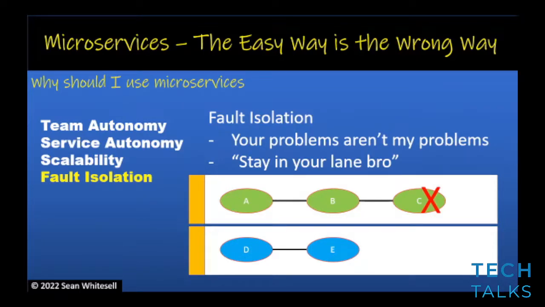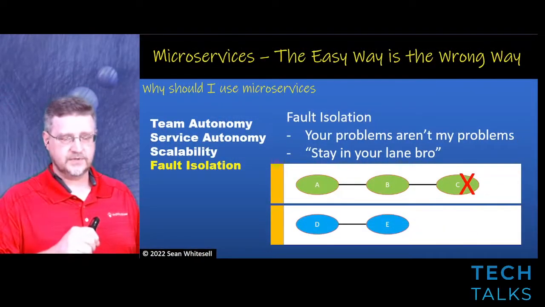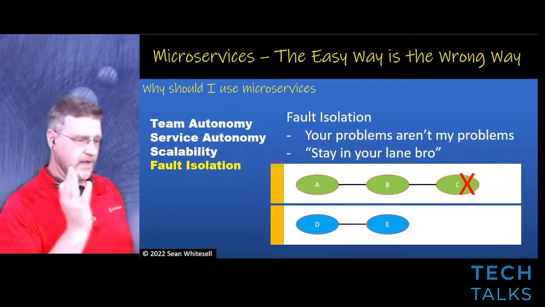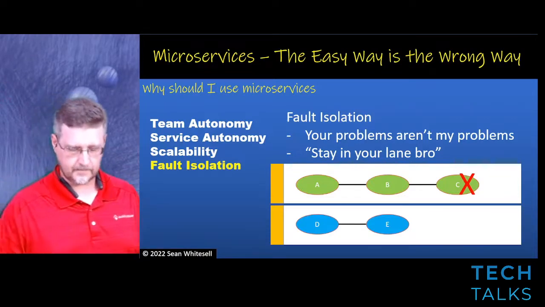But the idea with fault isolation is, what if that page pulls up, but none of the reviews do? Well, that doesn't prevent you from buying the item and putting it in your cart, right? So by using certain microservices, you can have some of that isolation so that even though one piece fails, other business logic can continue on.